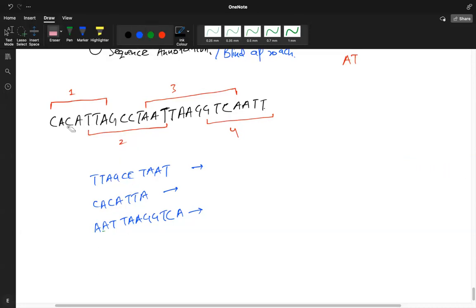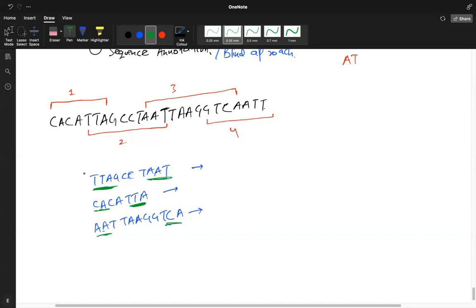Just write this in your notebook and look at these 4 fragments which were generated randomly. Each fragment looks something like this individually, and on the basis of the first and the last few bases, you can align them.